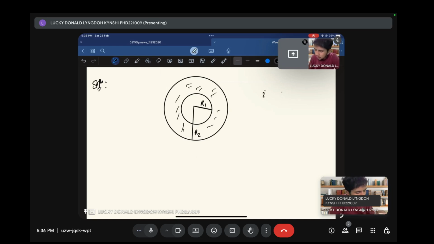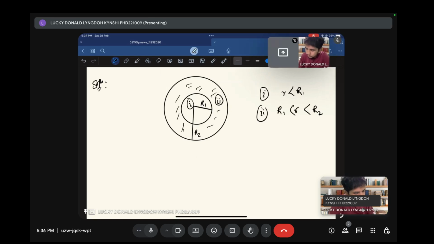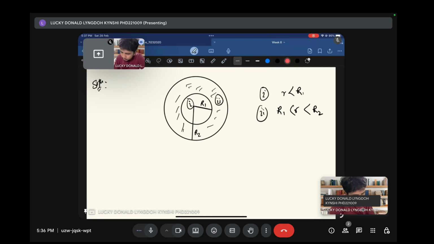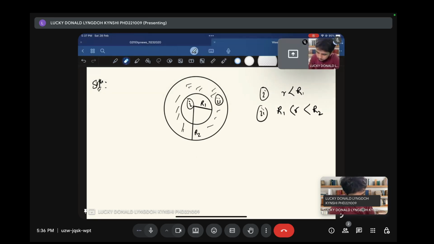So there are three regions that you have to find. One, r less than r1, that means this region, let's name it region 1. Region 2 is where r is greater than the inner radius r1 but less than r2, so let me name this region 2.